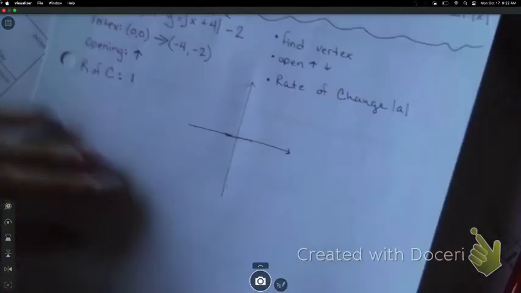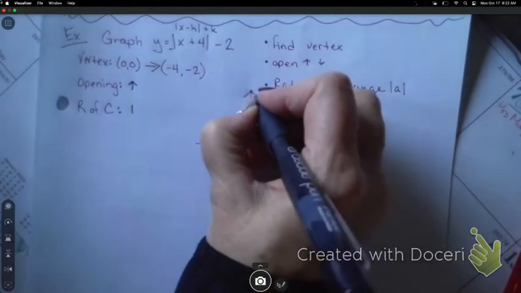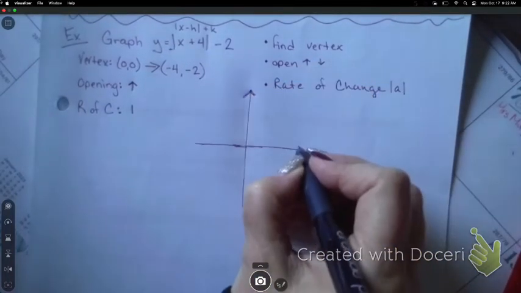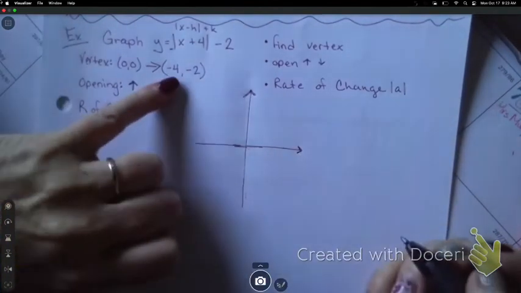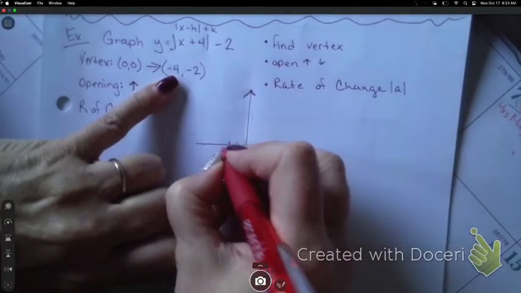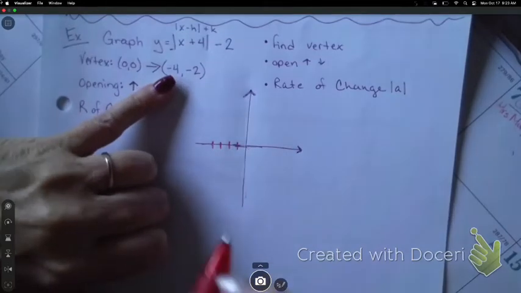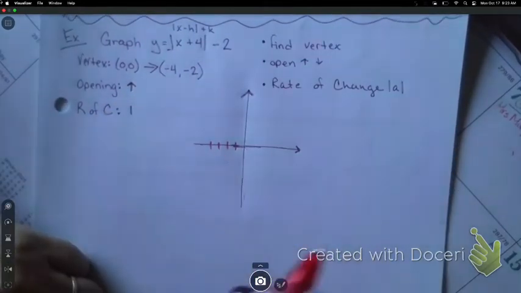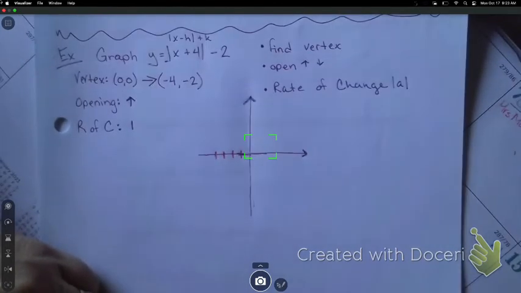Okay, so when you sketch, guys, I at least want arrows on the positive and negative axes. I don't care if you put them on all axes. Okay, so my vertex is at negative 4. So I have to put 1, 2, 3, 4. You have to show that. You either have to put 4 tick marks or you have to write a 4. One of the two. Is that kind of blurry to you guys? No. Is it good? Okay.